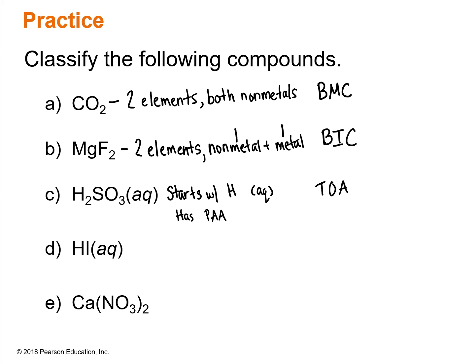What kind of compound is D? I agree. It's a binary acid. We've got the hydrogen plus a nonmetal.